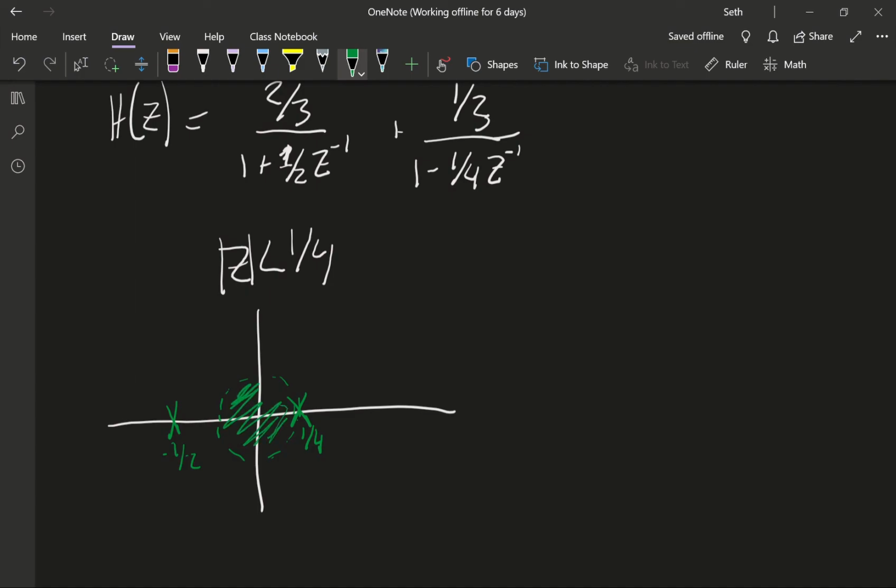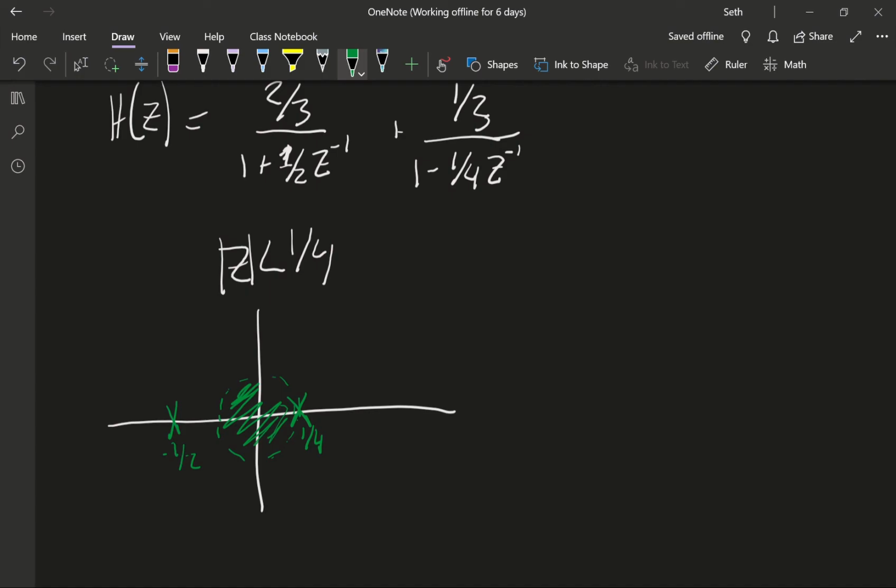It asked us if the system is causal, but it's not causal because the region of convergence is inside of the circle, and we know for a causal system, the region of convergence is exterior to the outermost circle, so it's not causal.